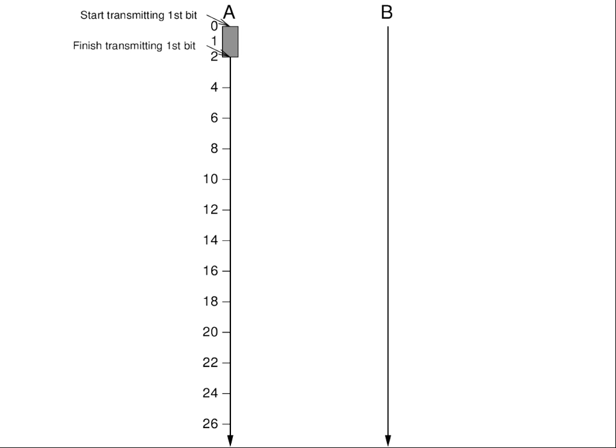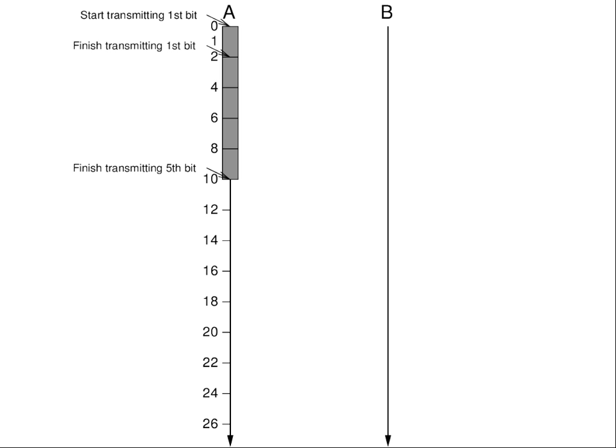and fifth bit. In reality, there may be some processing delay, maybe very small, maybe nanoseconds even. In this question, there's 0 processing delay. Here are the 5 bits, the 5 grey rectangles.